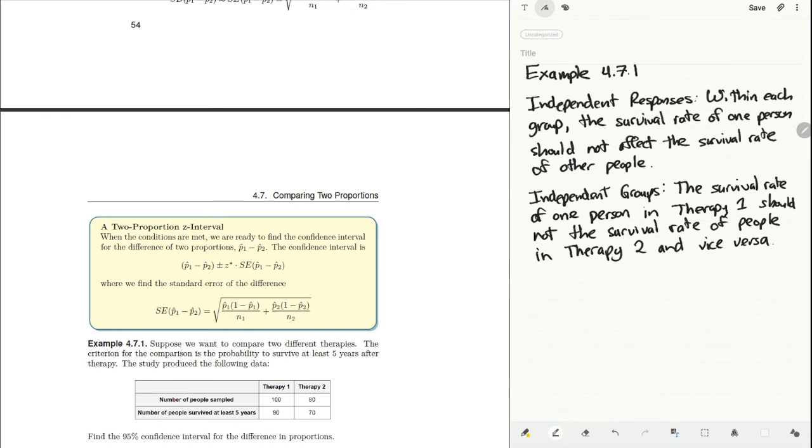So the survival rate of a person in therapy 2 should not affect the survival rate of people in therapy 1. And so we need to check for randomization.